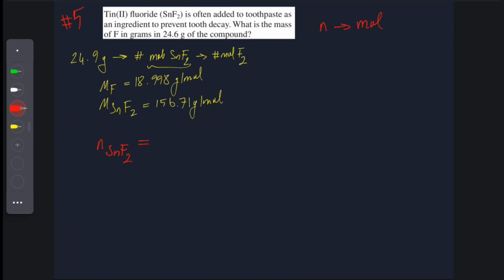So the mole of the tin fluoride, not chloride, is, so we have 24.6 gram of tin fluoride, and we know the molar mass of the compound.